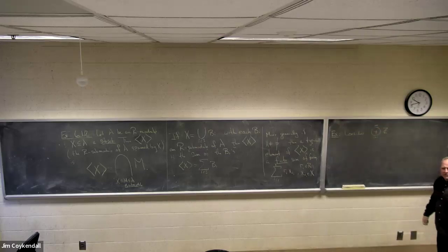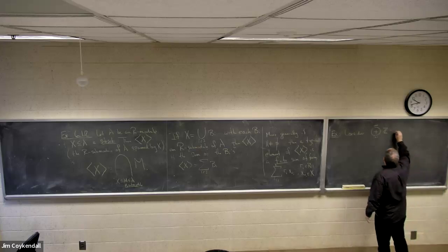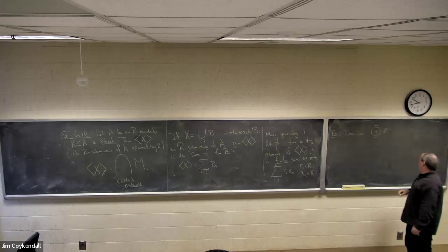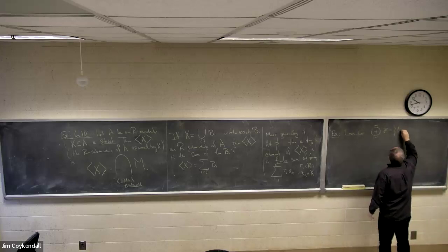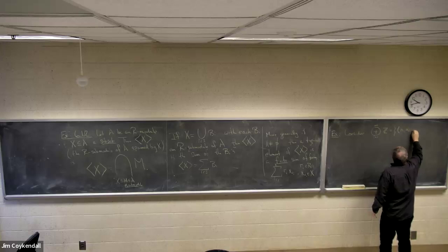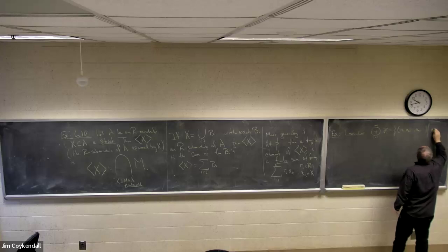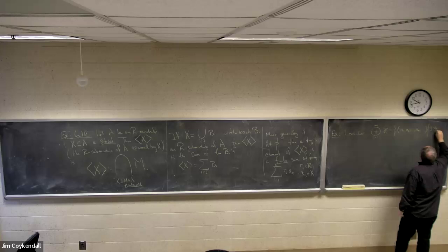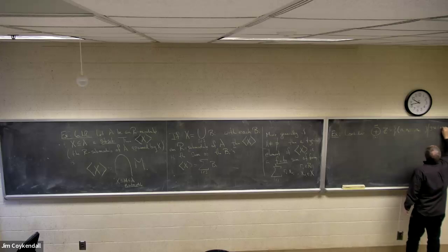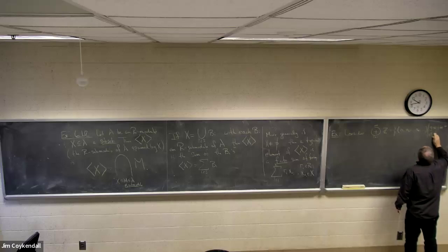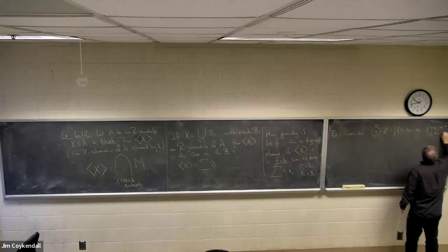y'all remember how the direct sum was defined for groups? That's right. These are sort of vectors, so n_1, n_2, ..., n_k, where there exists n depending on the element, such that n_m is 0 for all m bigger than n.